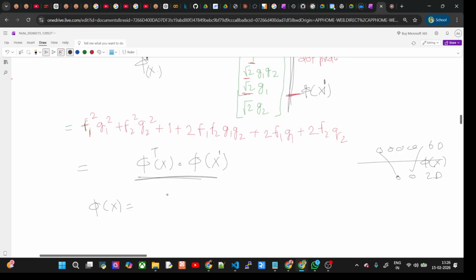For example, consider this one as a comma b. So this is a square, b square, 1, under root of 2ab, under root of 2a and under root of 2b.